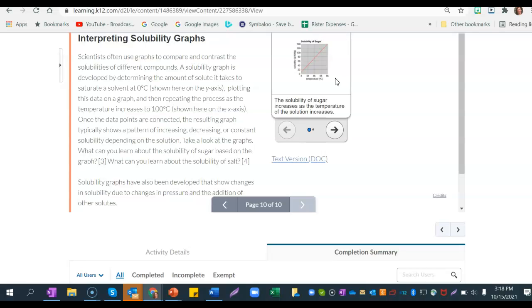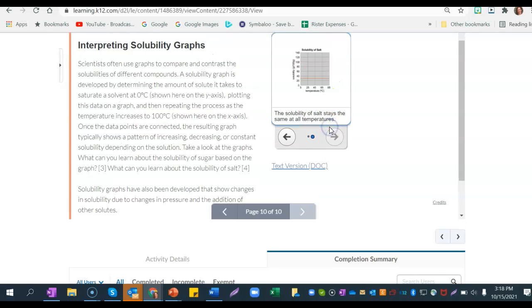And then you've got the solubility by 100 grams. So you can see the solubility of sugar, and it's increasing over temperature increase. And then the solubility of salt, though, stays the same at all temperatures. So heating that solution does not do anything to the solubility of salt.